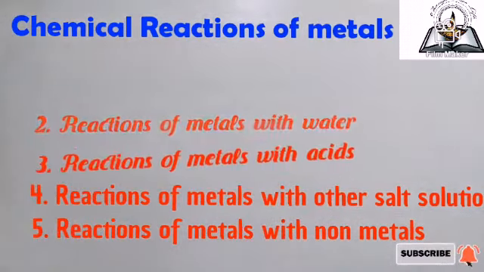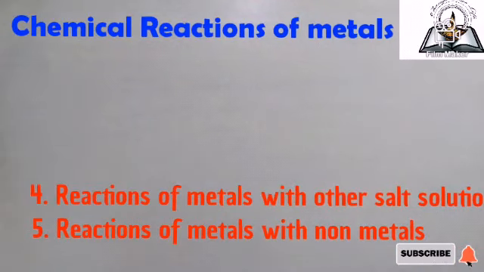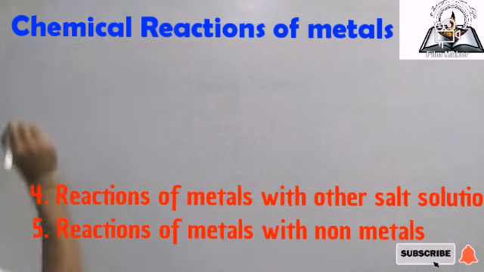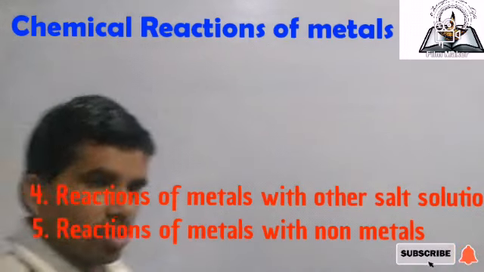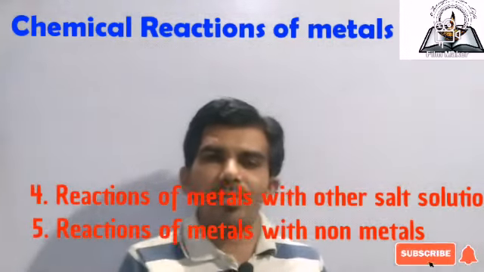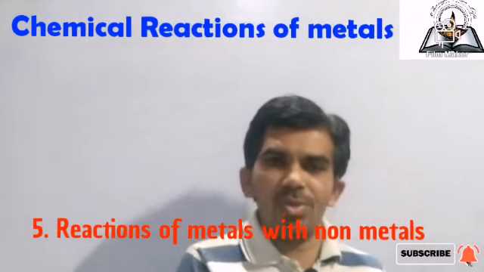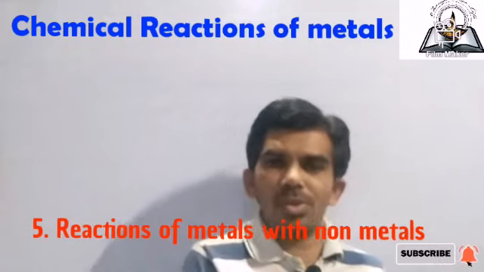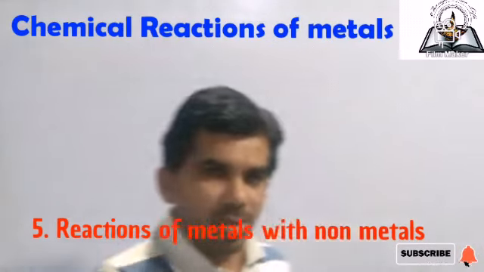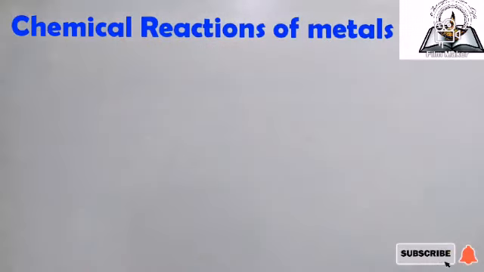So first topic, that is the reactions of metals with oxygen. That is the heading. I request all my dear students, please take your notebook and pen with you and make your own notes yourself. So first chemical reaction, that is the reactions of metals with oxygen.